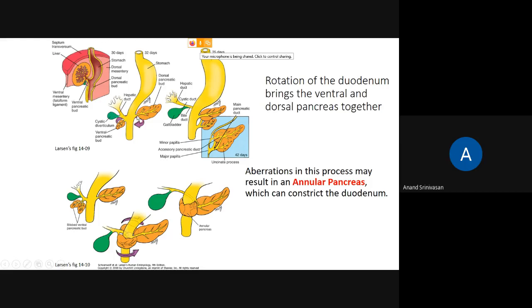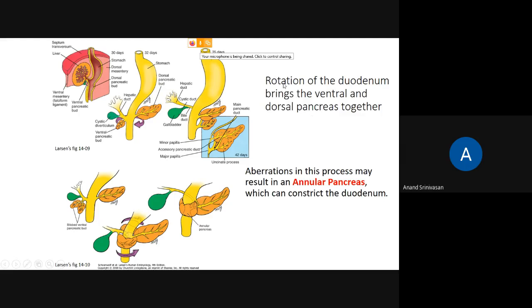Initially the dorsal bud is located on the posterior side. Because of this 90-degree rotation, the pancreas which is on the posterior side will now extend towards the left side, and the ventral pancreatic bud will take a huge turn and get connected to the dorsal pancreatic bud.